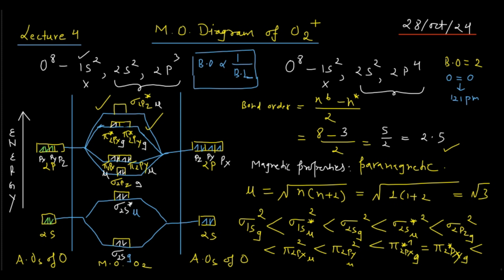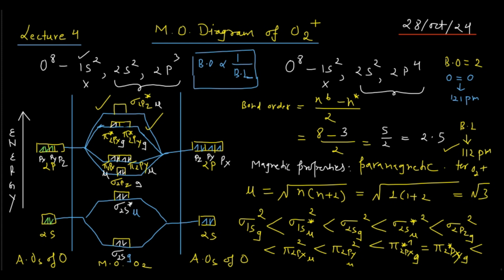So for this cation, the bond length is on the lower side. It is bond length, I am writing BL, it is 112 picometer. 112 picometer for O2 positive. Please remember, it is very, very important. This is how you can draw the molecular orbital diagram of the dioxygenyl cation as well.